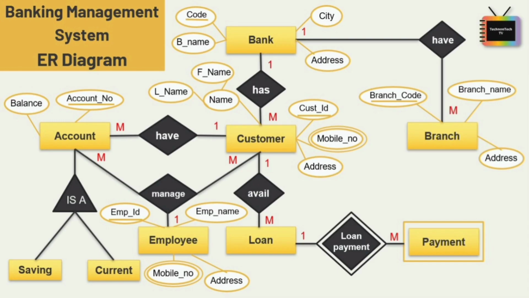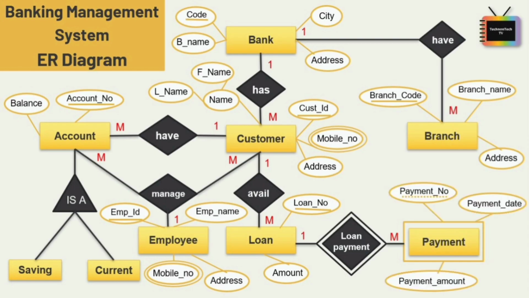Next is entity loan. So for this we have 2 attributes, loan number and amount, and here loan number is a key attribute. Last we have entity payment. So here we have 3 attributes: payment number, payment date and payment amount, and here payment number is the partial key, so we have to denote this with the dotted line because payment entity is a weak entity.